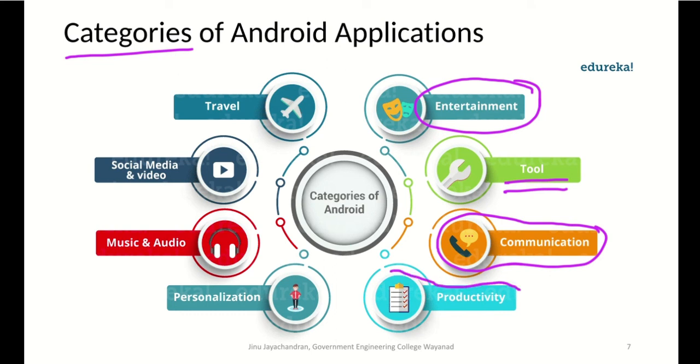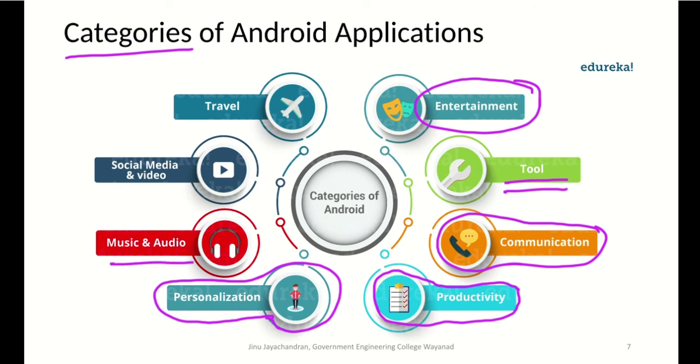Productivity, like Office stuff, Microsoft Office, those things are called productivity. You can have Word, Excel, etc. in your Android. And you can have personalization, like if you want to make your Android phone look good with wallpapers, good backgrounds, you can do that.